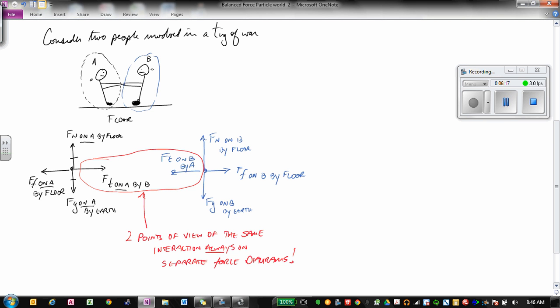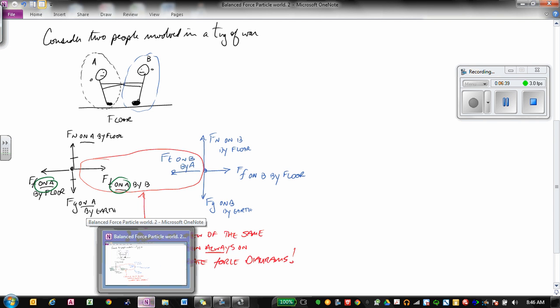So the key thing here is to recognize that the only thing that can be involved in canceling or balancing out a force on A is another force on A. All right. The other point of view of any of these interactions will always be on a different system and can therefore never be involved in canceling or in force balance.